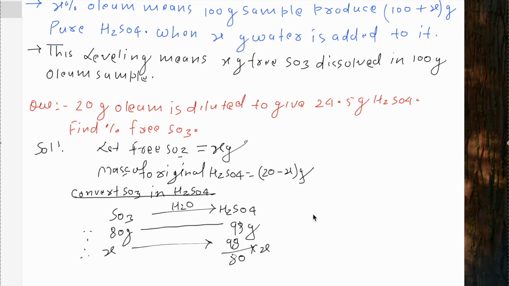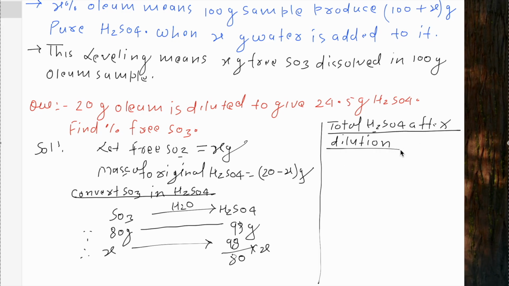That much. Now one thing you do. Find total H2SO4 after dilution. Means what? Initially it was a mixture of water, H2SO4 and SO3. So now that SO3 is also converted into H2SO4.